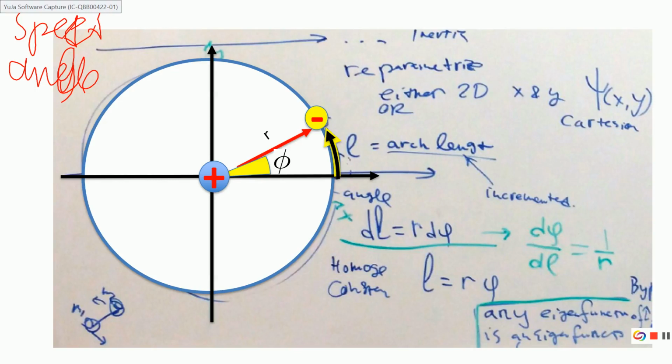But if you take this connection between infinitesimal arc length and the angle, then we can divide both sides by the arc length. So d phi over d L will be 1 over r. Okay? Truth. No cheesy truths.